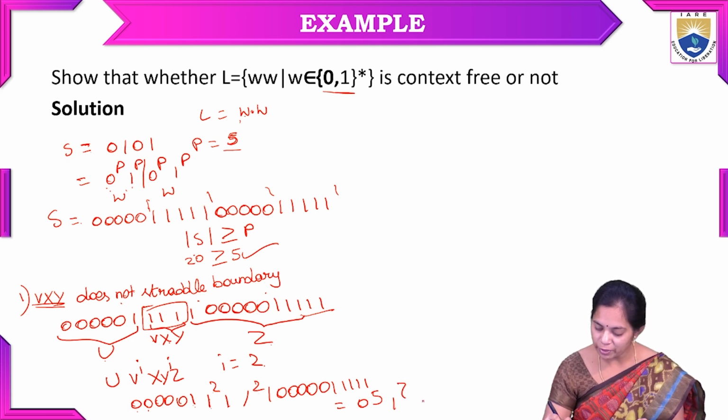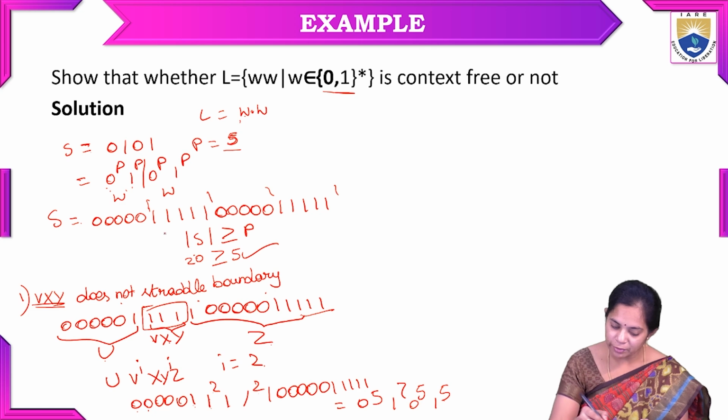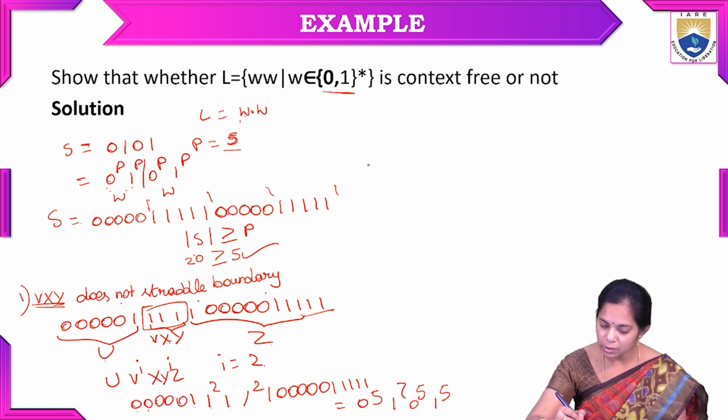So 1 power 7 we got, and then 0 power 5 and 1 power 5. So what does the pattern contain after this? This is the pattern: 0 power 5, 1 power 5, and 0 power 5, 1 power 5.